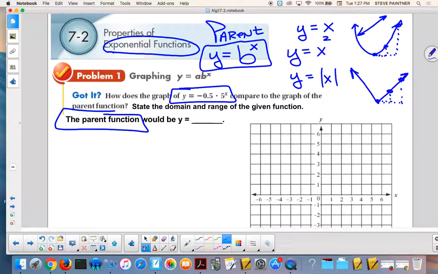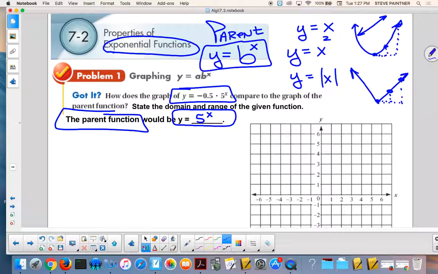But you're not going to graph that, you're going to graph the parent first, then do whatever transformations you have to do. So what is the parent function? It's always going to be y equals b to the x. Look up here. Where's your base? 5 is your base. It's just y equals what? 5 to the x. Oh, that's my base. That's my parent? Oh, let's graph it.